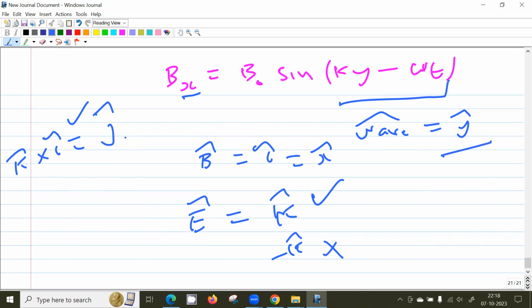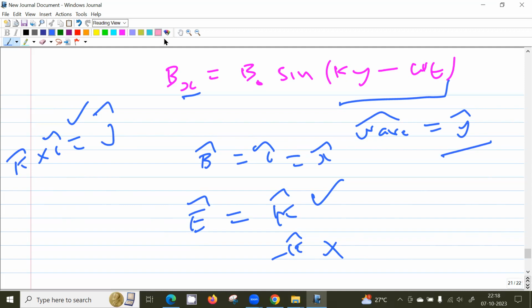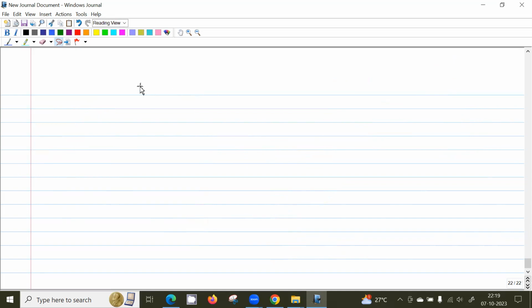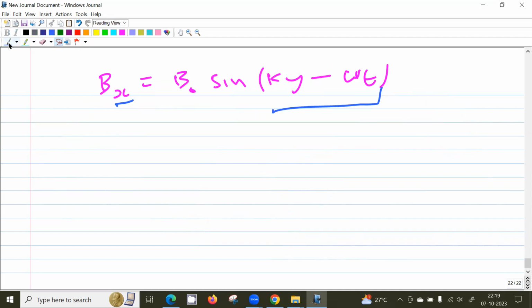If I complicate it a little bit further, suppose I make this thing plus Y, then what is the direction of propagation of the wave?